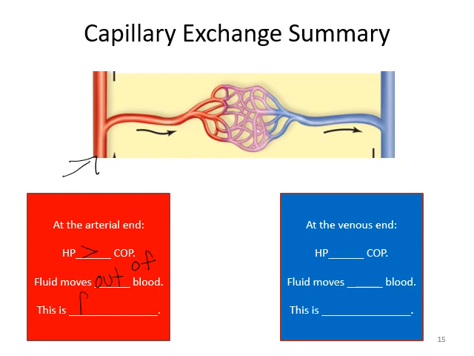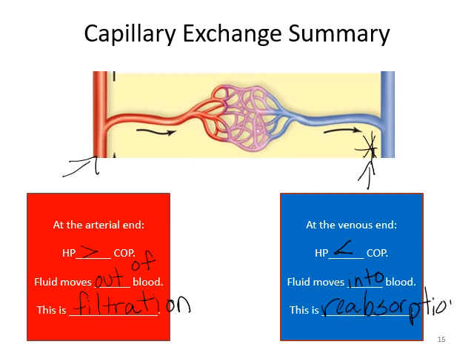That again is called filtration. By the time we get out here at the venous end, the hydrostatic pressure has decreased enough that it's smaller than the colloid osmotic pressure. So now we're going to pull fluid into the blood, and that is reabsorption.